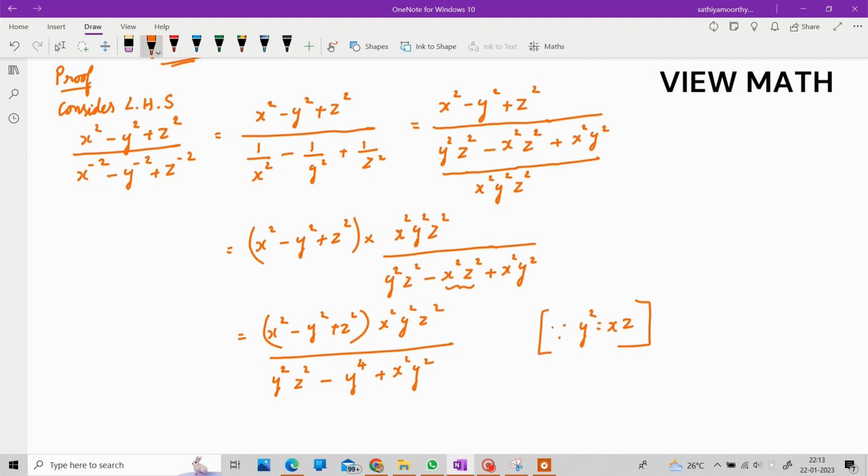So I am changing this xz to y square, and already one square is there, so it becomes y square the whole square, y power 4.